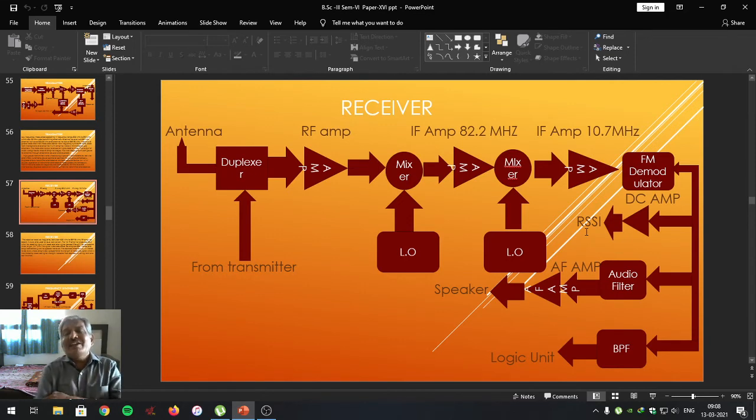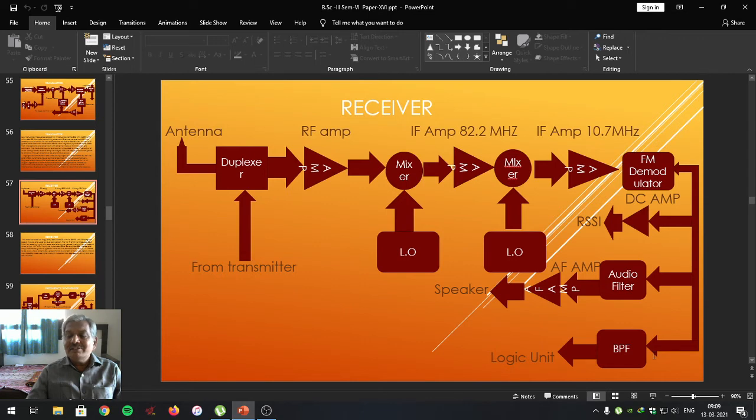Another aspect is that to perform the logical steps for receiving the signal and to perform its analysis, to get the acoustic sound signal through the speaker, the signal is also given to the logic unit. That signal is extracted and given to the bandpass filter.